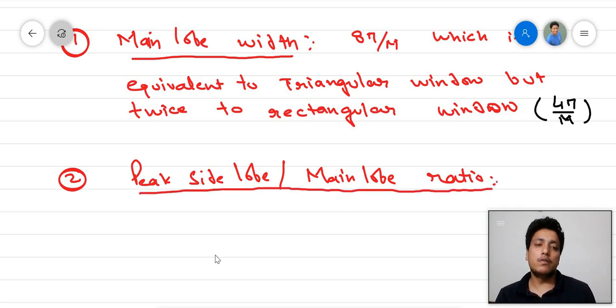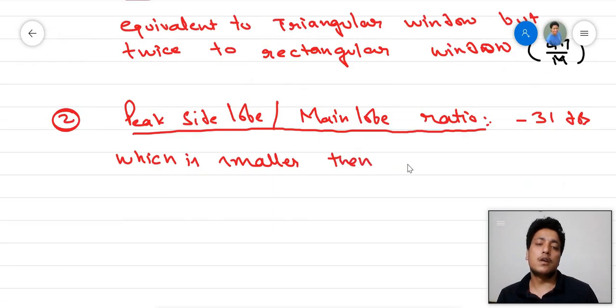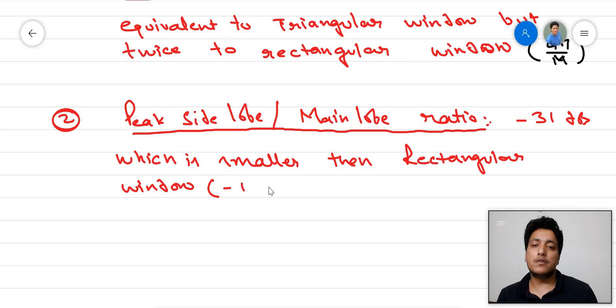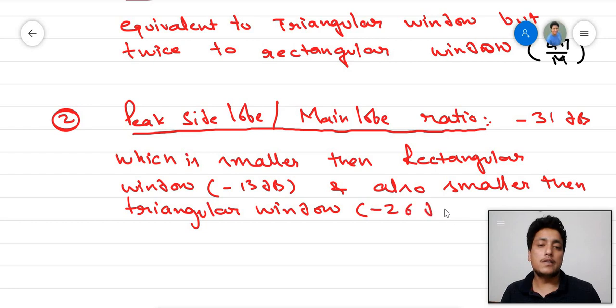In case of Hanning window, the ratio is minus 31 dB, which is smaller than rectangular window, which is minus 13 dB, and also smaller than triangular window, that is minus 26 dB.